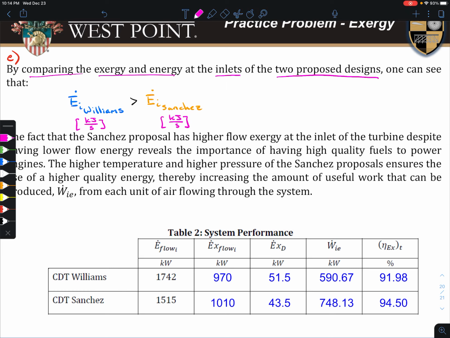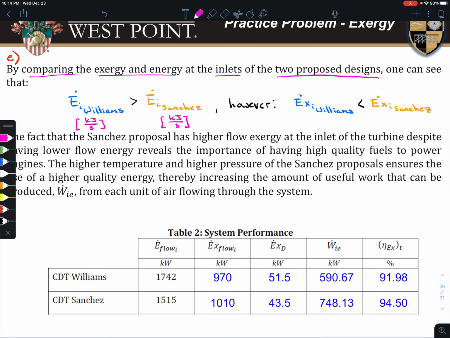So the rate at which energy flows into the turbine in Williams' design is larger. But the thing we now need to recognize is that, however, the exergy flow rate of Williams is less than the exergy flow rate of Sanchez.